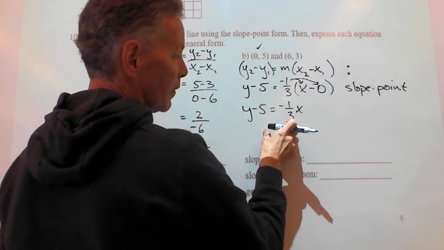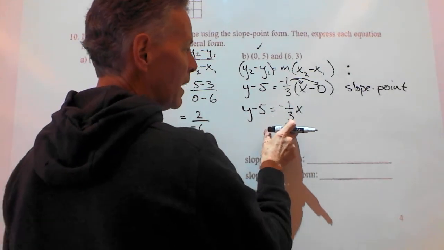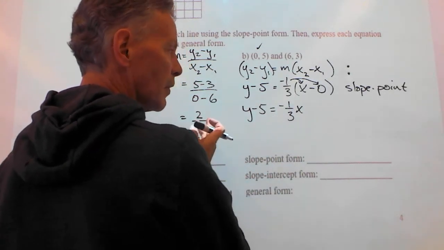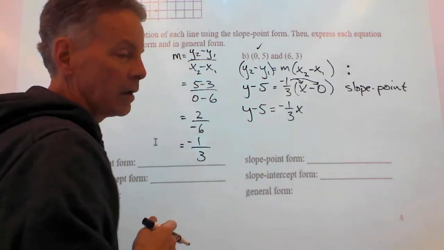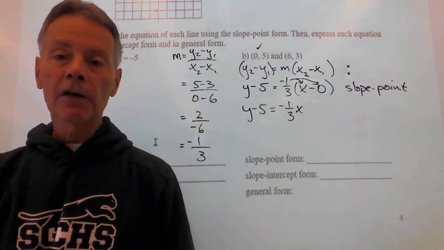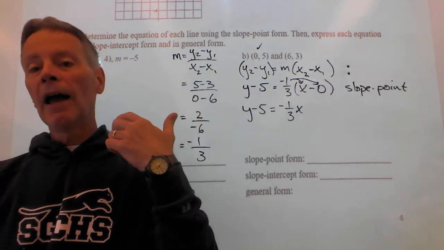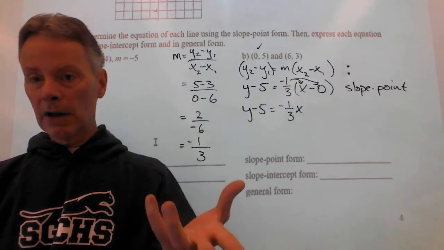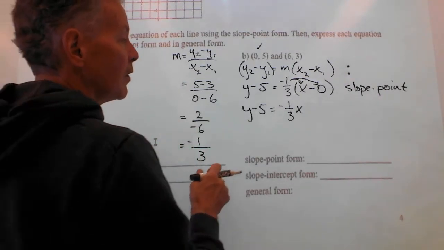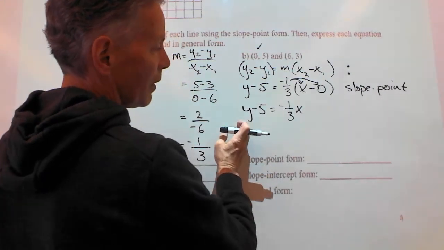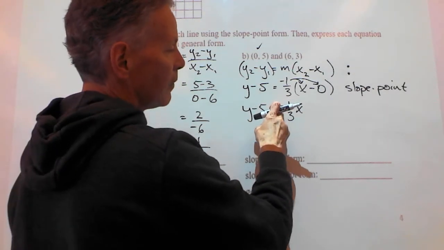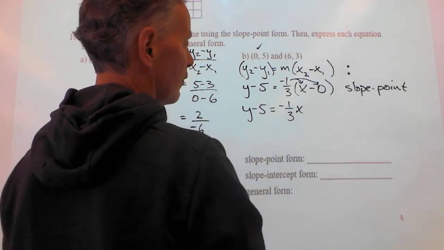Now we want to put this in general form. What does that mean? That means everything on one side, and the x coefficient has to be both positive and all integers, okay? So let's move this over here, because that's going to take care of that negative, and it'll also give us everything on one side.